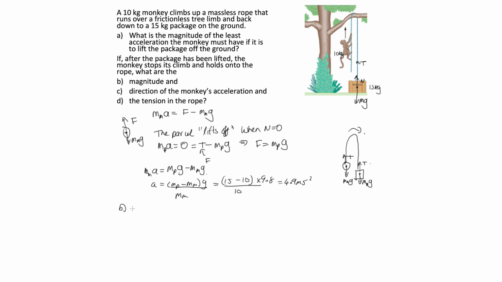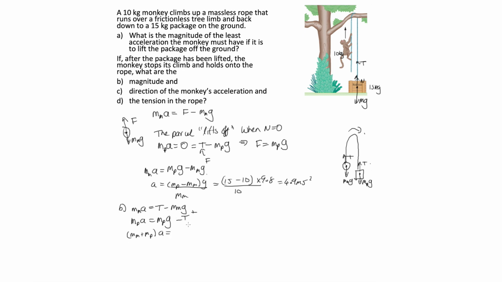So we can say that the mass of the monkey times the acceleration is equal to the tension minus the mass of the monkey times g, and that the mass of the package times the acceleration is equal to the mass of the package times g, which is pulling it down, minus the tension, which is pulling it up. Then we're going to sum these two equations together, so that gives us the mass of the monkey plus the mass of the package times the acceleration.